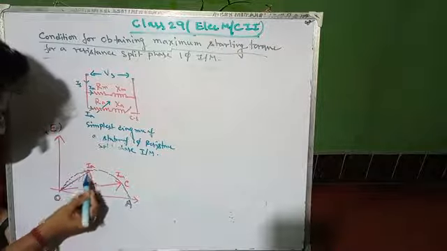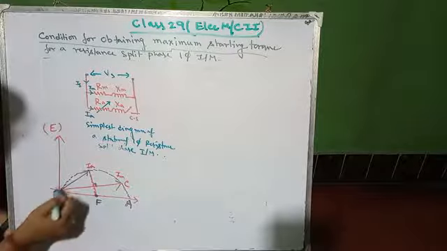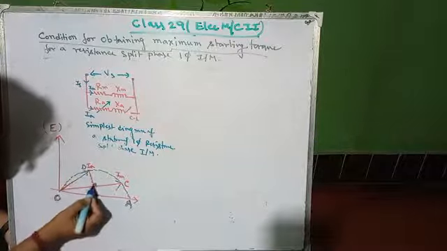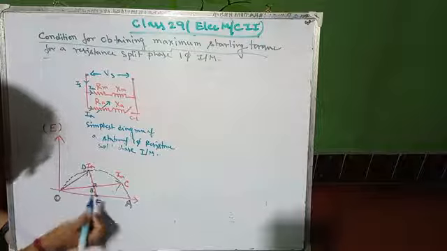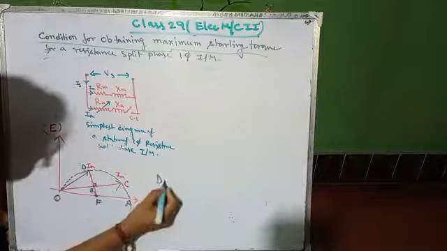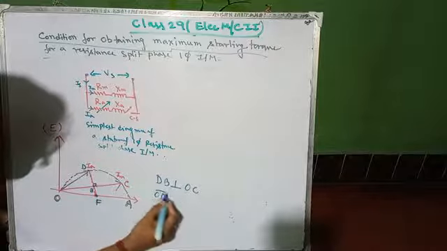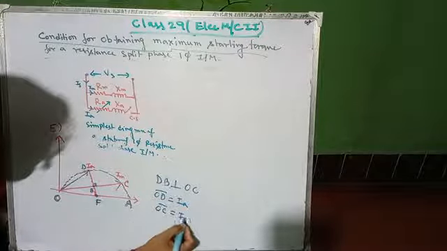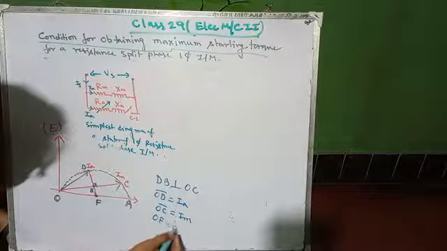So this is your OA and this is your IM. Make this point D and this point B. So DB must be perpendicular to OC, and OD represents IA and OC represents IM, and OF equals OA.